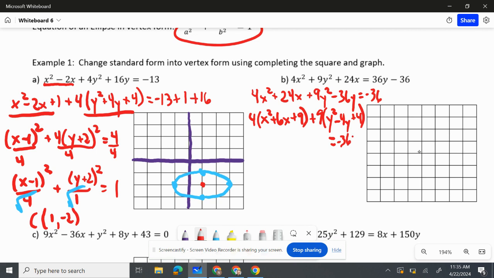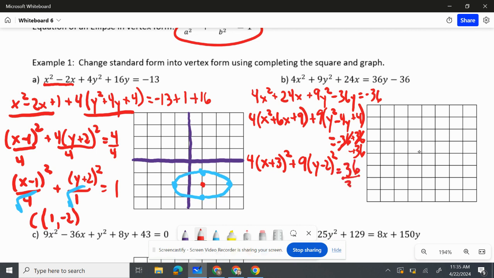-36 plus 36 from the 4 times 9, plus another 36, 9 times 4. So that, of course, gives me 36. So when I factor it, I get 4 (x plus 3) squared plus 9 (y minus 2) squared equals 36.